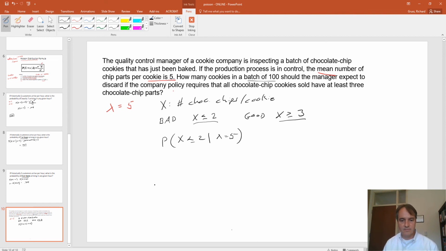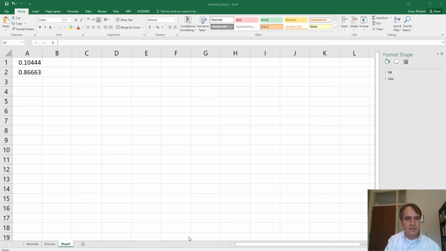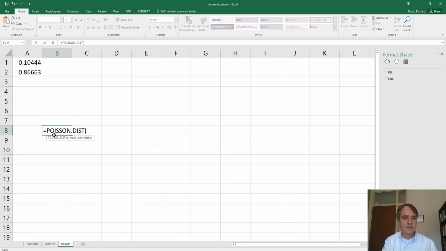Let's do it in Excel, just for a little variety. We'll say this is equal to the Poisson.DIST. We've got our x, we're curious about 2, our mean is 5, and we want cumulative, so we'll say true. That gives 0.125.